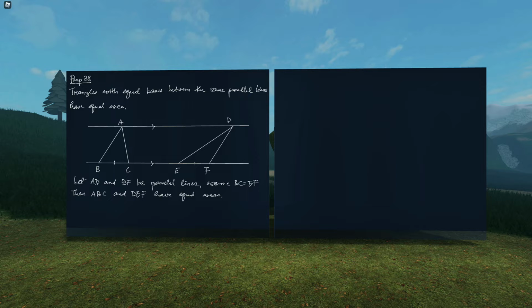Okay, so I'll go to the next board for the proof. So proof. We're going to construct a line through B parallel to AC. So I might have to return to the previous diagram to make this construction. So construct a line through B parallel to AC.